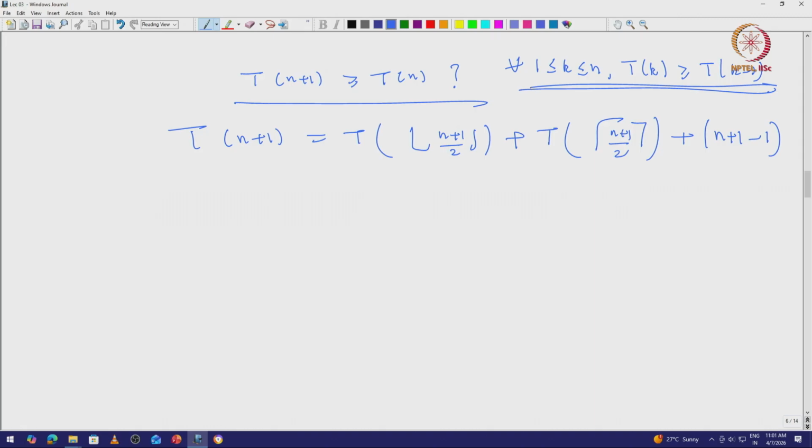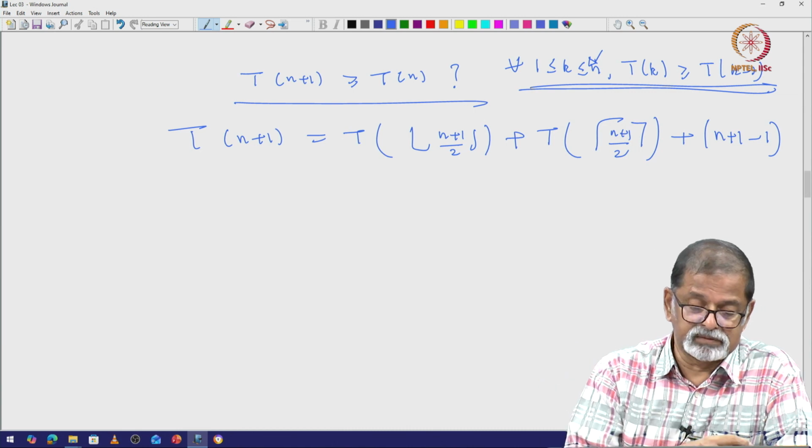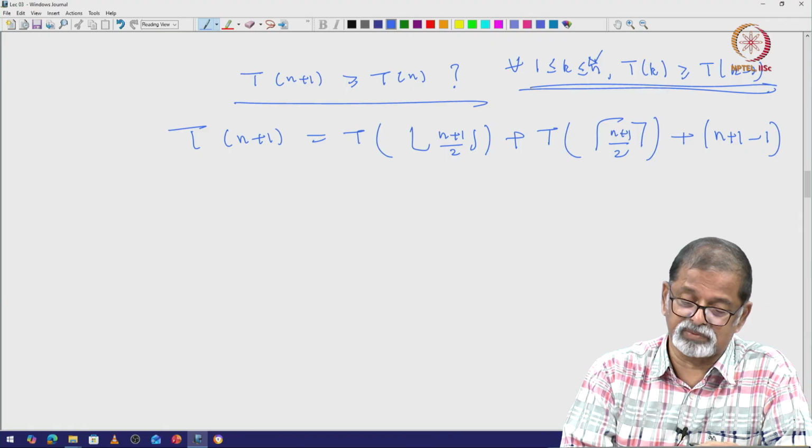Let us assume that T is monotonic for these values, that is, it is increasing up to some value. We will show that it is increasing for the next value n plus 1 also. This is the strong induction hypothesis. All previous values you take to be true, now you prove that it is true for n plus 1 also.